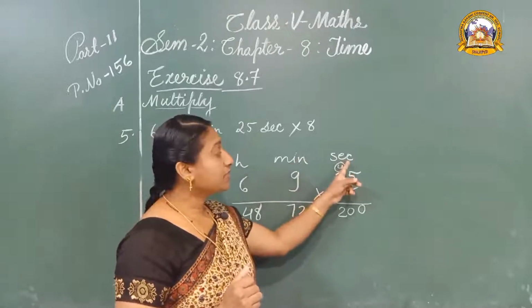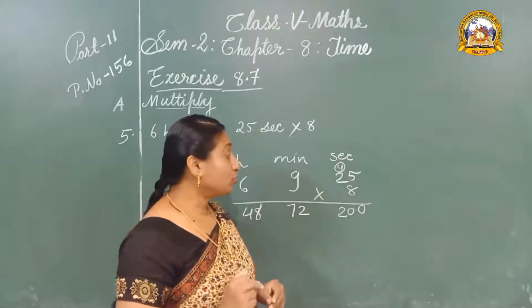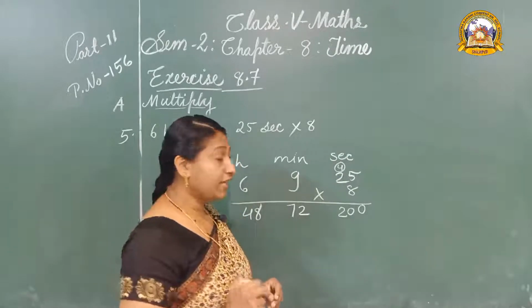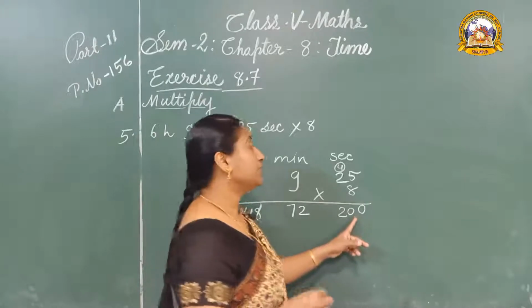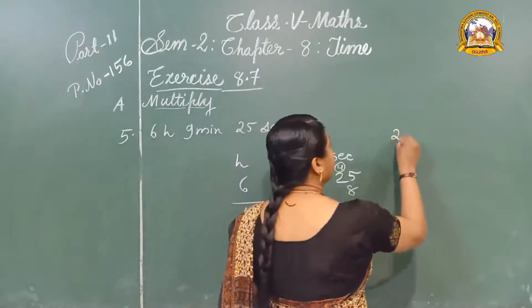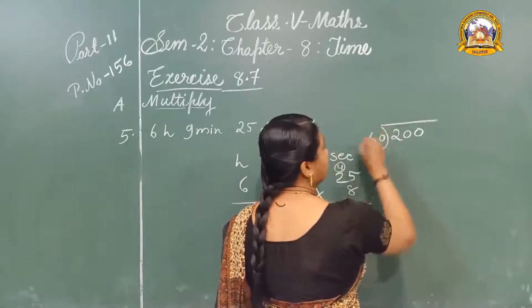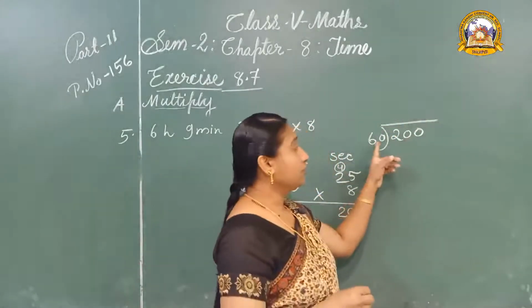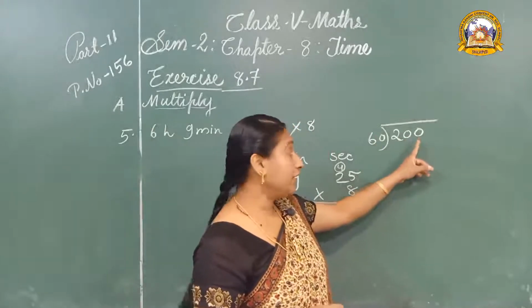How many seconds are there in a minute? Okay, 1 minute is equal to 60 seconds. So we have to divide this 200 by 60. 200 divided by 60. In 20, no, we can't. So we have to take the 200 completely.